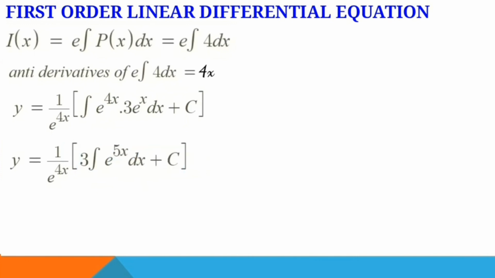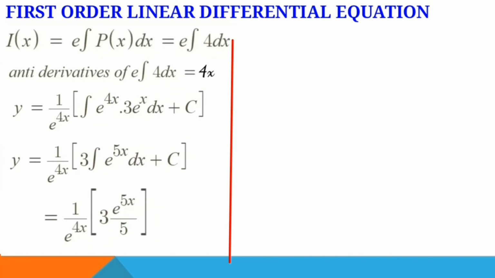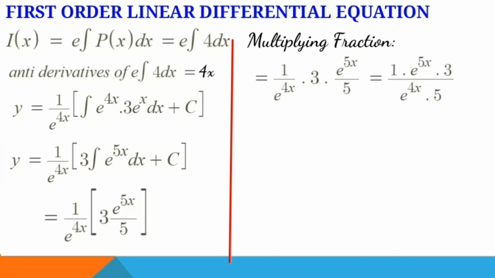The antiderivative of e raised to 5x is equal to e raised to 5x divided by 5. So we can write the equation as y equals 1 over e raised to 4x times 3 e raised to 5x over 5. So we can now multiply the fractions.